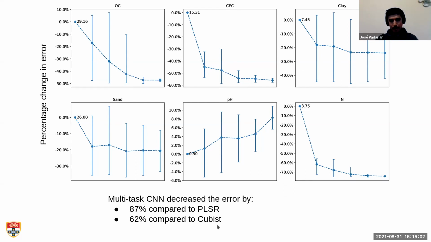And also with slightly more advanced models, I guess. This is QBIS. It's been developed at the University of Sydney, and it's like a tree-like model, which is also commonly used in soil spectroscopy. And yeah, like we got a huge advantage of using a neural network compared with those models.